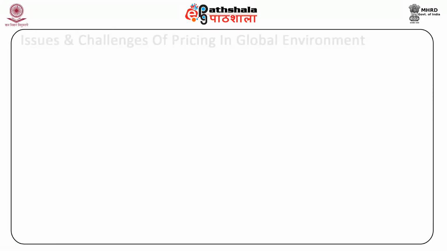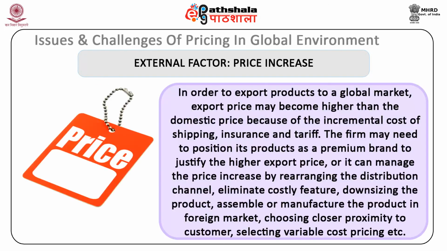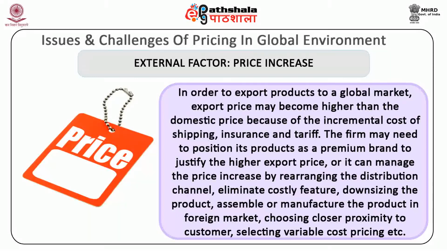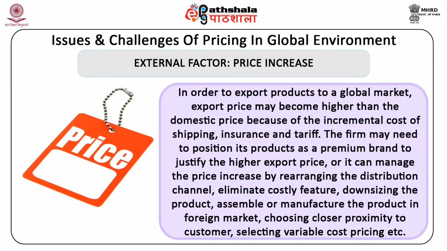Seventh factor is price increase. In order to export products to a global market, export price may become higher than the domestic price because of the incremental cost of shipping, insurance, and tariff.